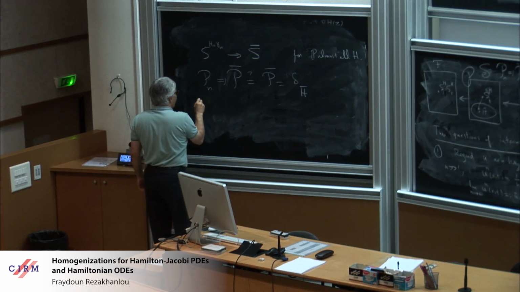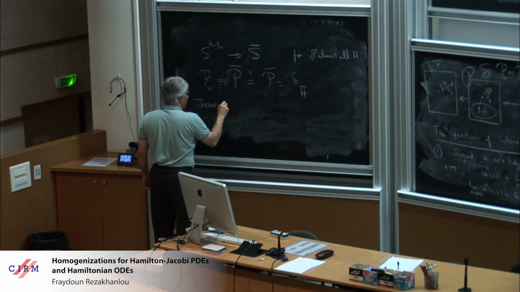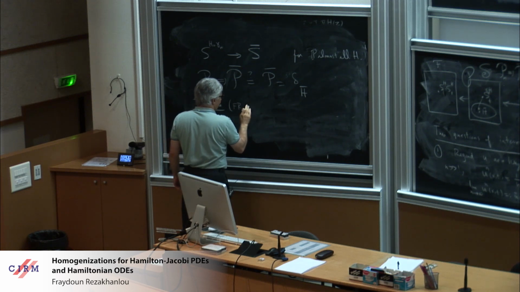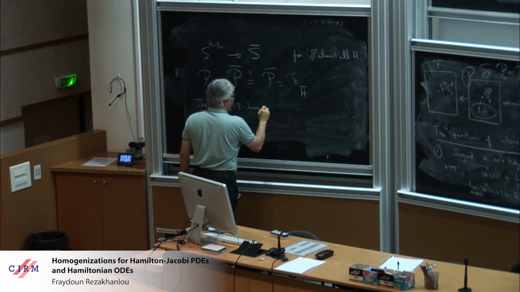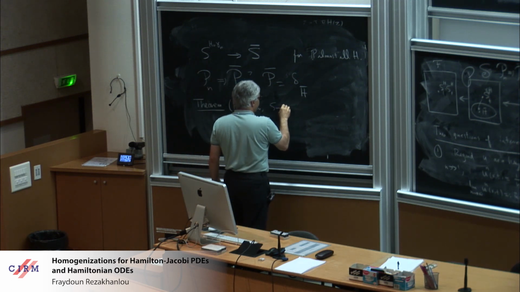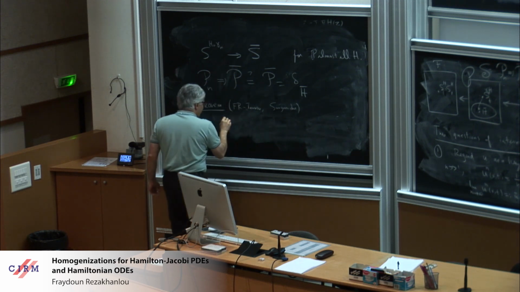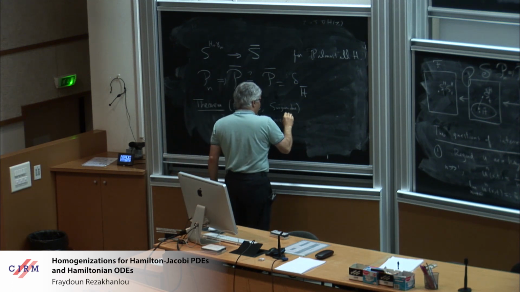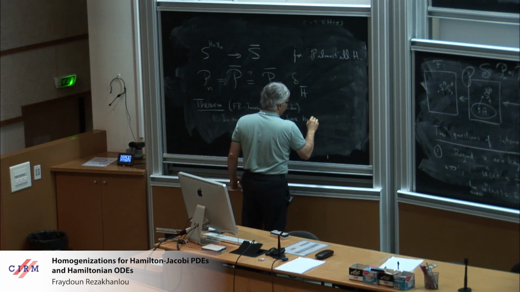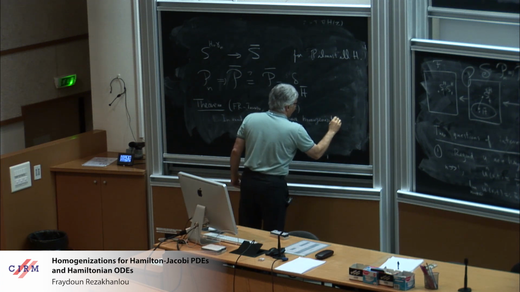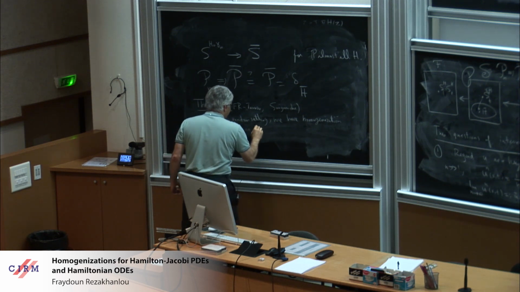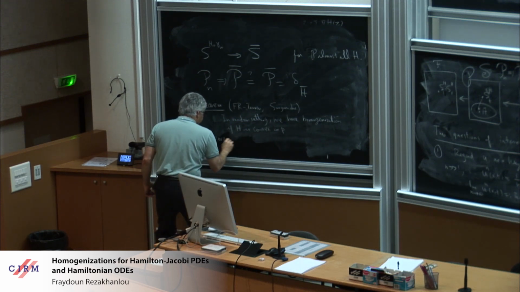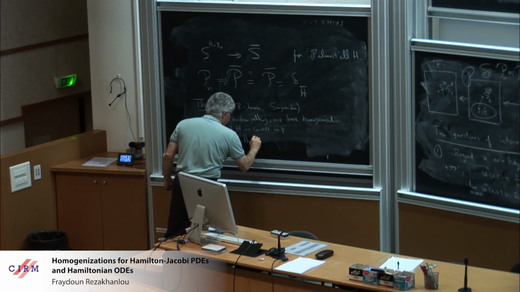So let me state some theorems. This is an old theorem that was done by myself and Tarver, and independently by Takis Souganidis. In the random setting, we have homogenization if H is convex in P. And let me state another theorem, which is due to Ziliotto.